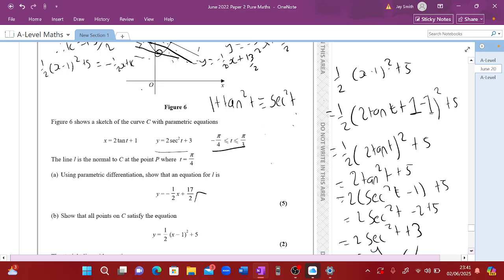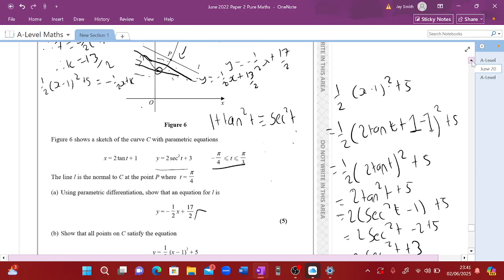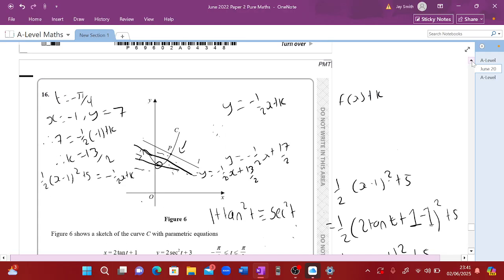Then I'm going to formulate that as a quadratic. So that's going to be a half x squared minus x.